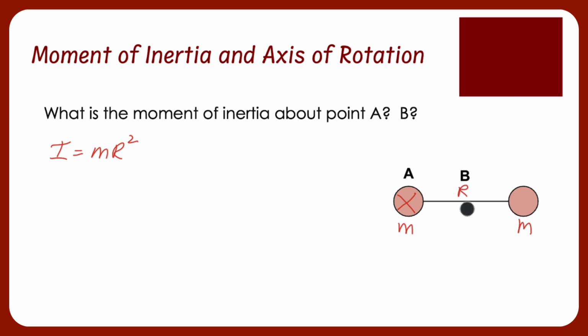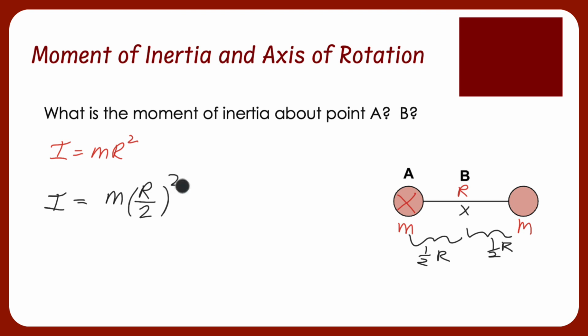But what if I now choose this point as my place for rotation? Now I have this mass being a distance of 1/2 r, and this one is out by a distance of 1/2 r. So now, if I rotate around B, I'm going to have my mass is m, and the radius will be, it's a distance of r over 2 all squared.